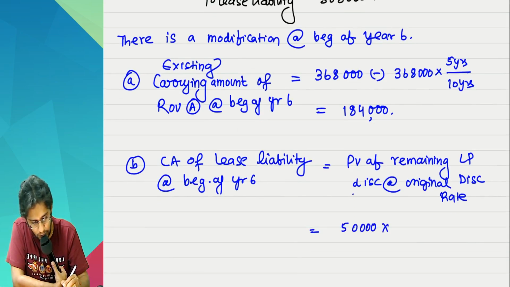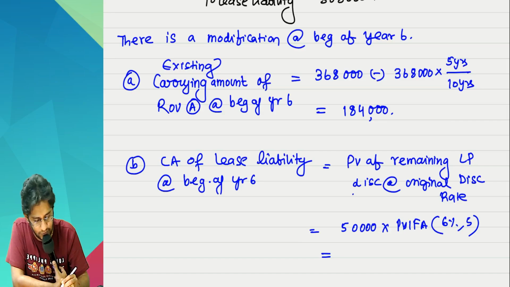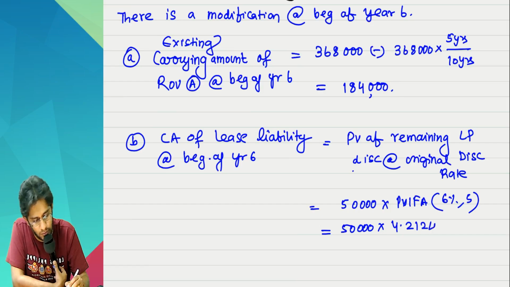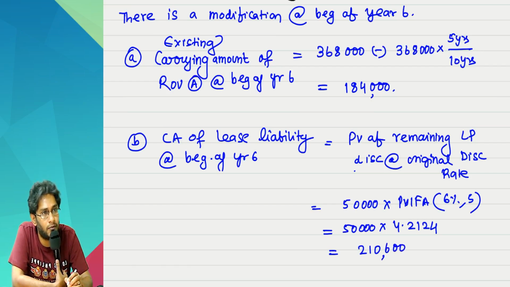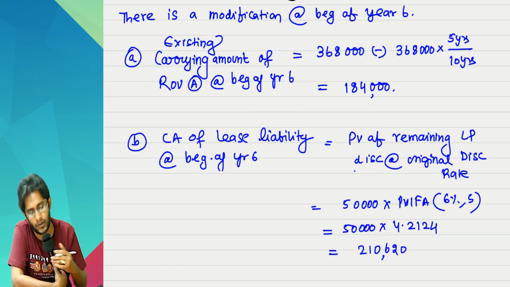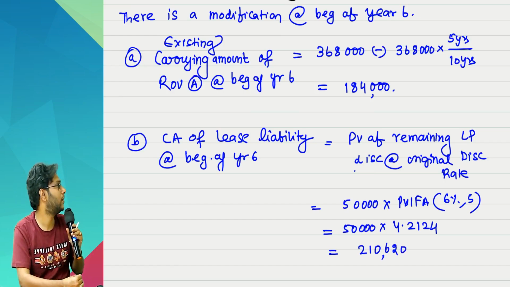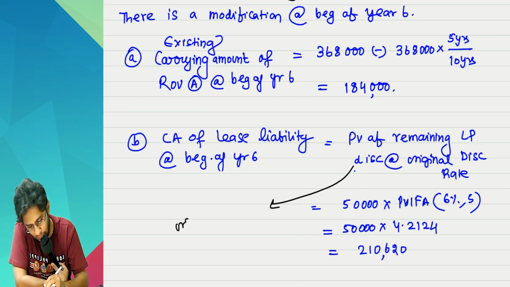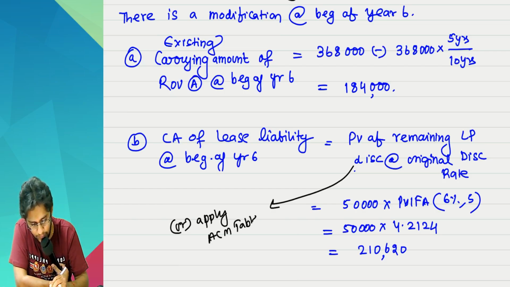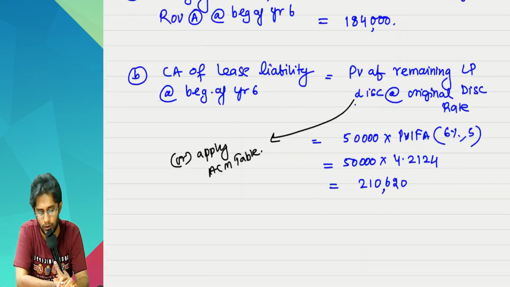So 50,000 into PVIFA, 6% for 5 years. 50,000 into what came, ma'am? 2,10,620. Okay, fine. Either this or apply the ACM table. Any which way the answer will be the same, sir, nothing to worry.